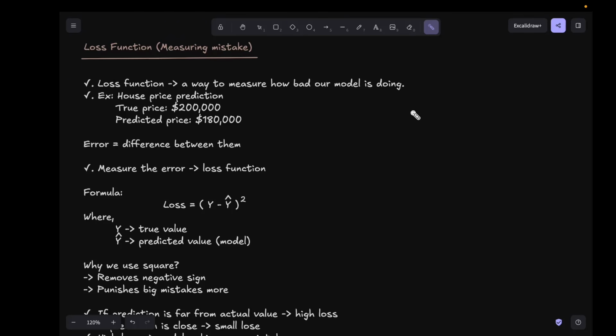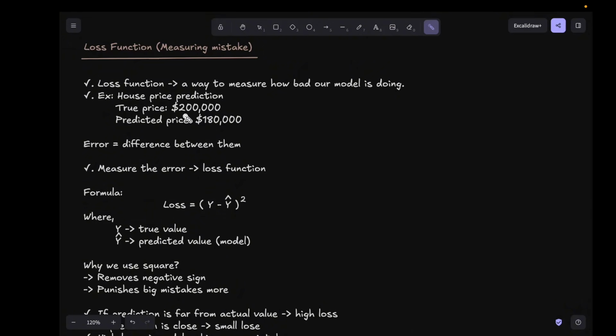So this is where the loss function comes in. Let's understand it with an example. Suppose we want to build a model to predict house prices.